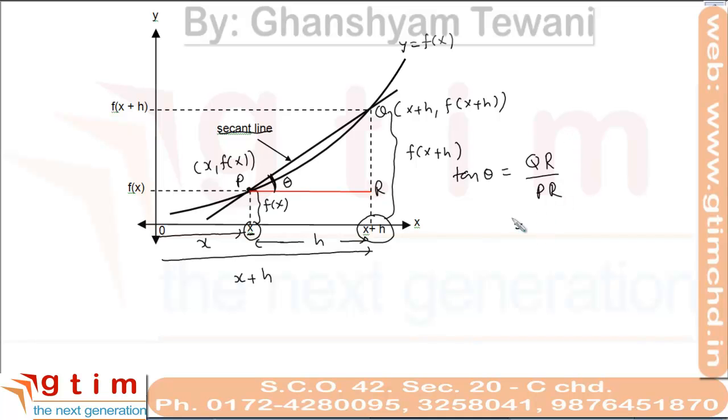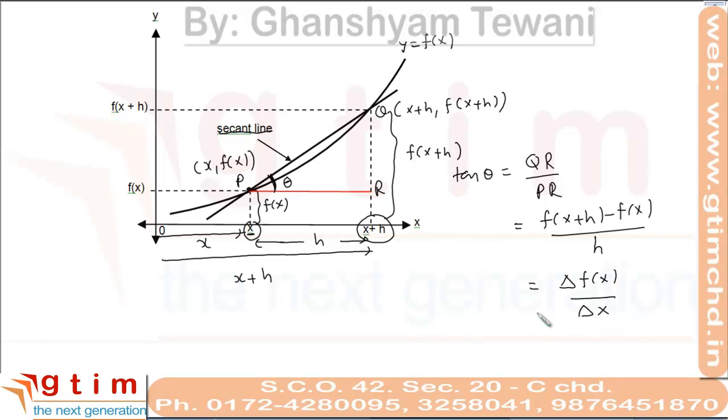The value of QR from the diagram is f(x plus h) minus f(x), and this PR is h. So we get the slope of line PQ, that is (f(x plus h) minus f(x)) upon h. We write this as delta f(x) upon delta x.